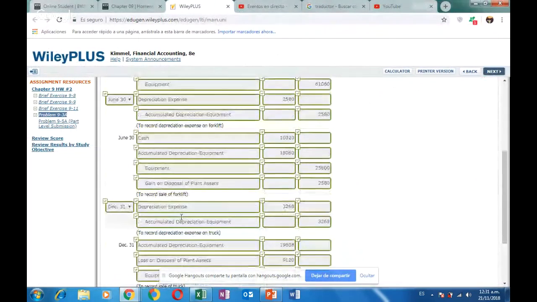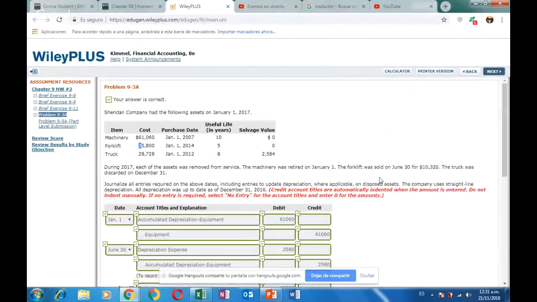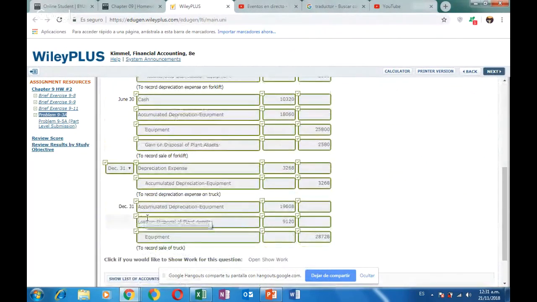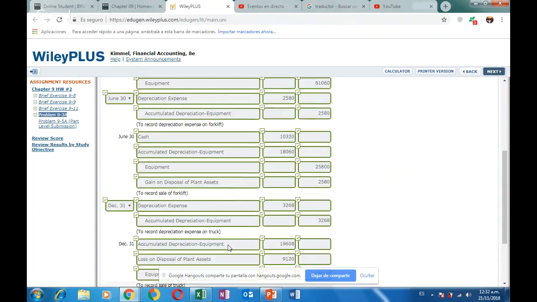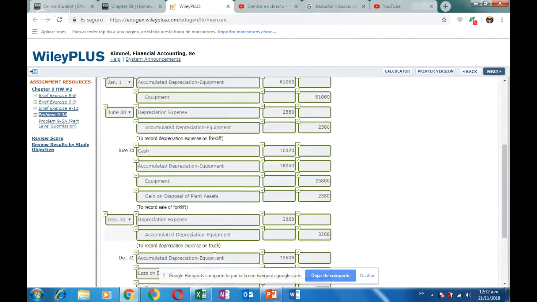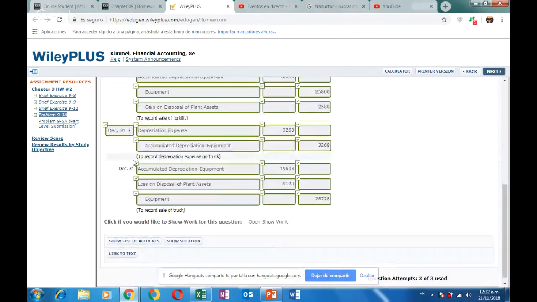Then we have the truck that was discarded on December 31, and before recording the sale, we first need to determine the amount of depreciation expense from the beginning of this year to December 31.